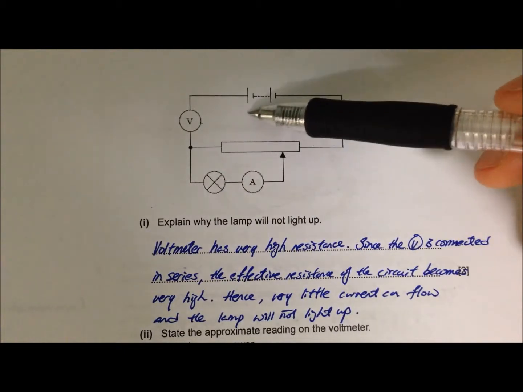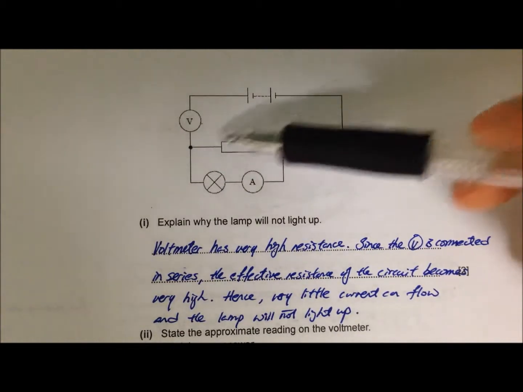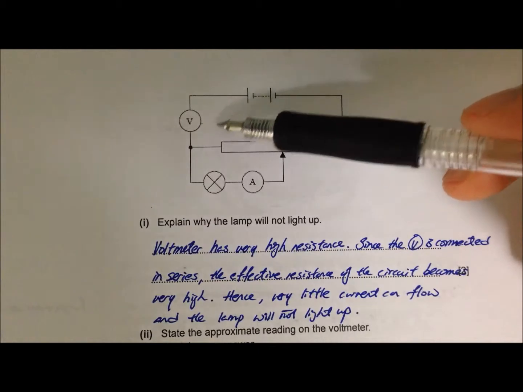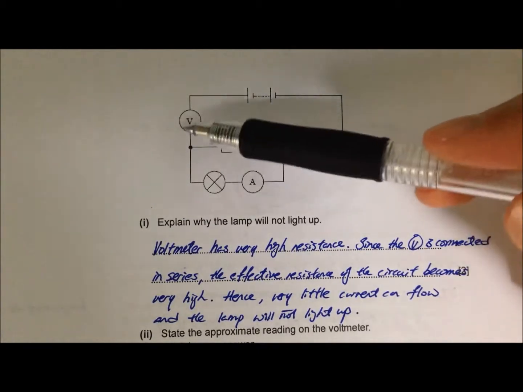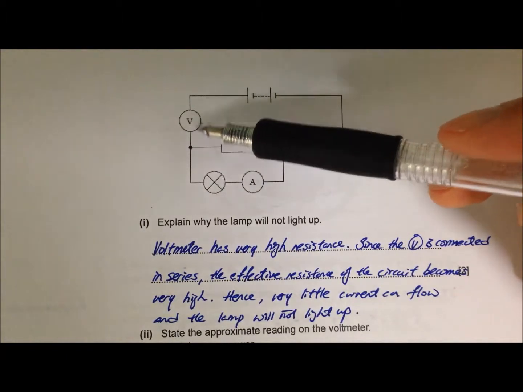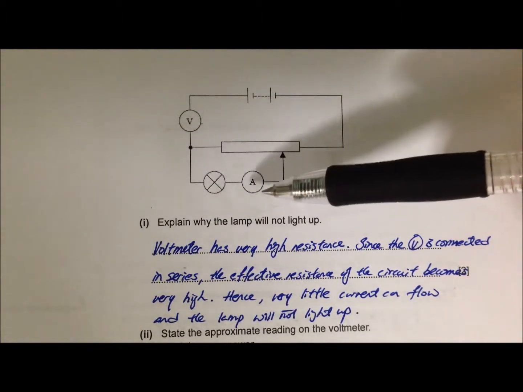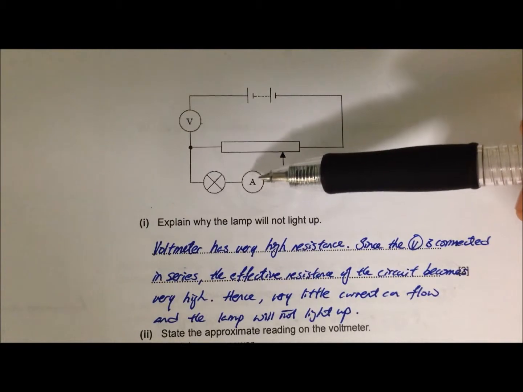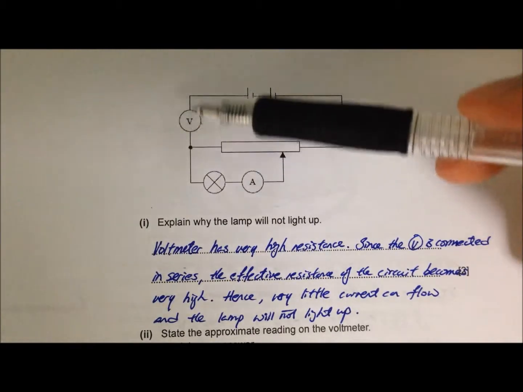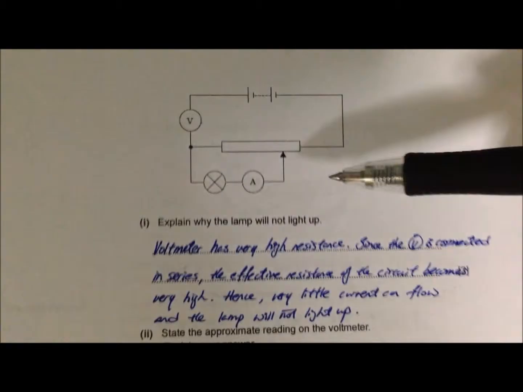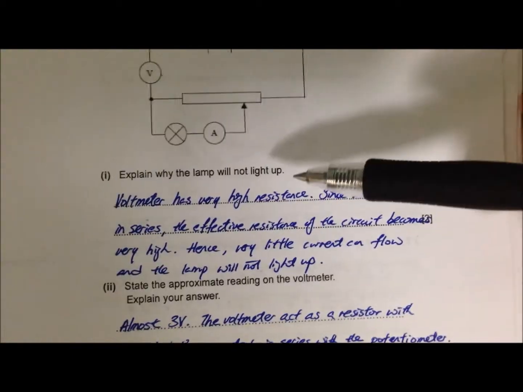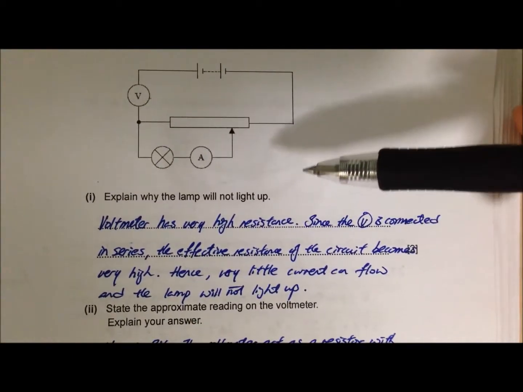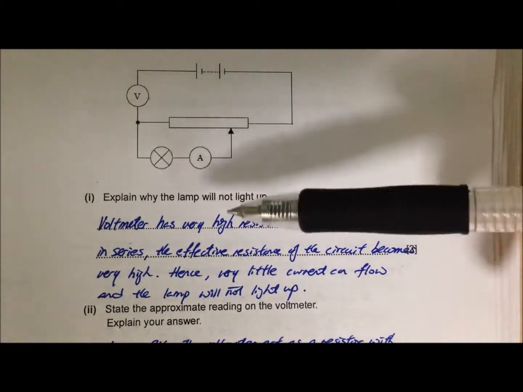So you want the voltmeter to have very high resistance so that it draws as little current as possible from the circuit that you are measuring. So that's why they purposely make the voltmeter with very high resistance, but the ammeter with very low resistance. This is extra information for this question, but you should know this for the syllabus. Okay, you are supposed to know.